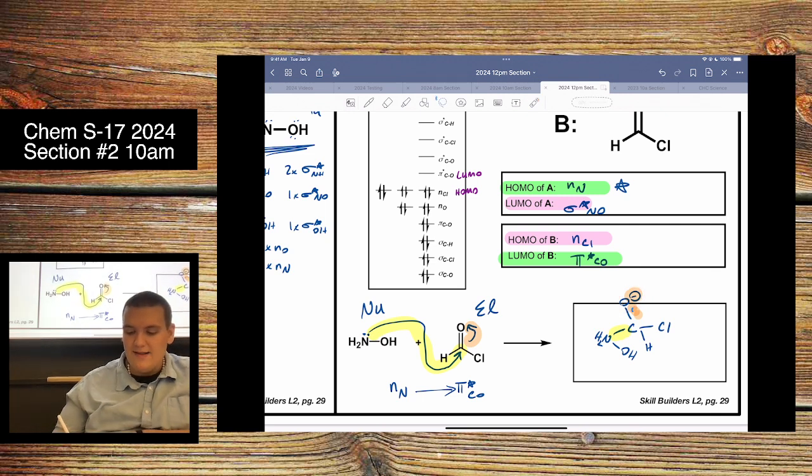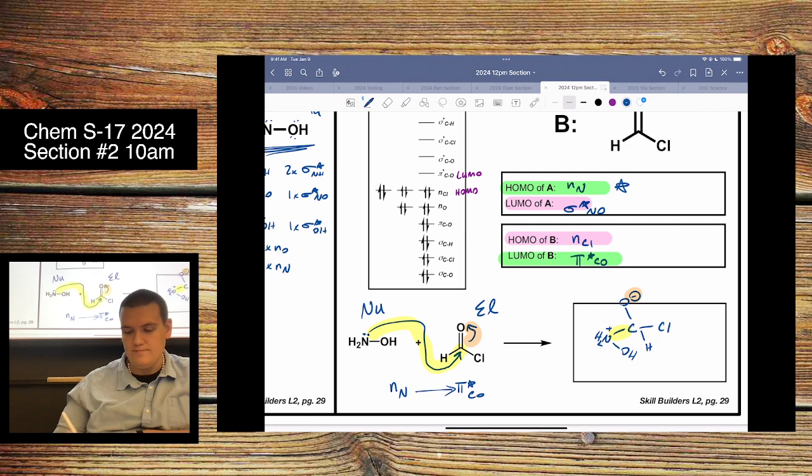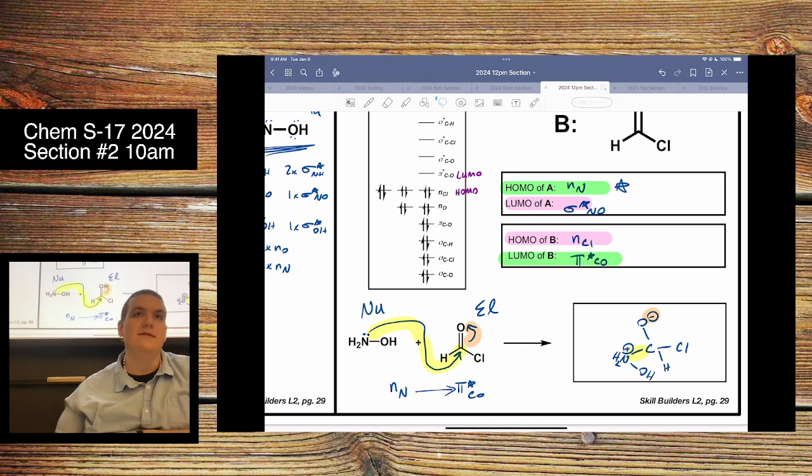And also this looks bad, so I'm just going to move that, because this is just a single bond. This nitrogen is connected to 4 things, so what charge do we need on it? Positive. Good. That is the product. So you predicted how these two molecules would react without us telling you what the answer is. That's a hard skill to develop, and it's something that you're going to do a lot of practice on.